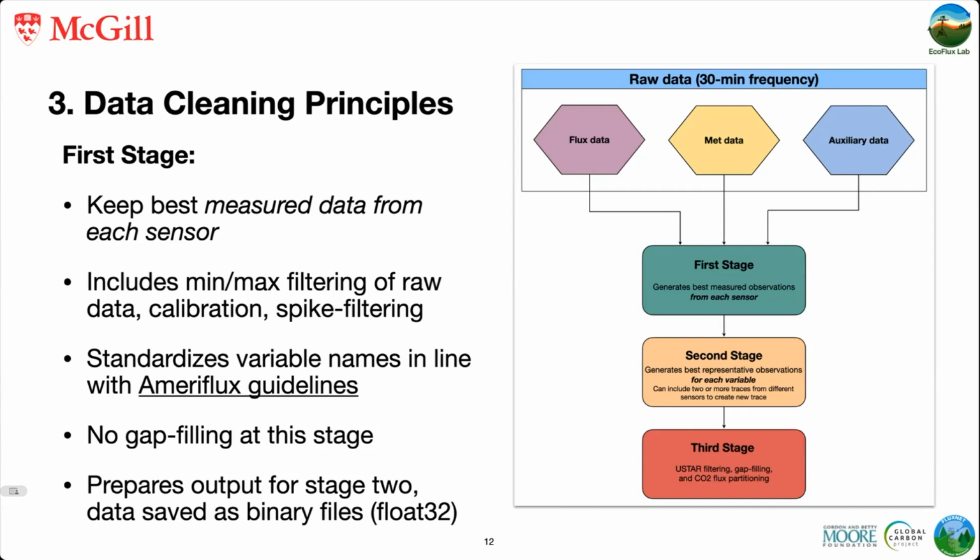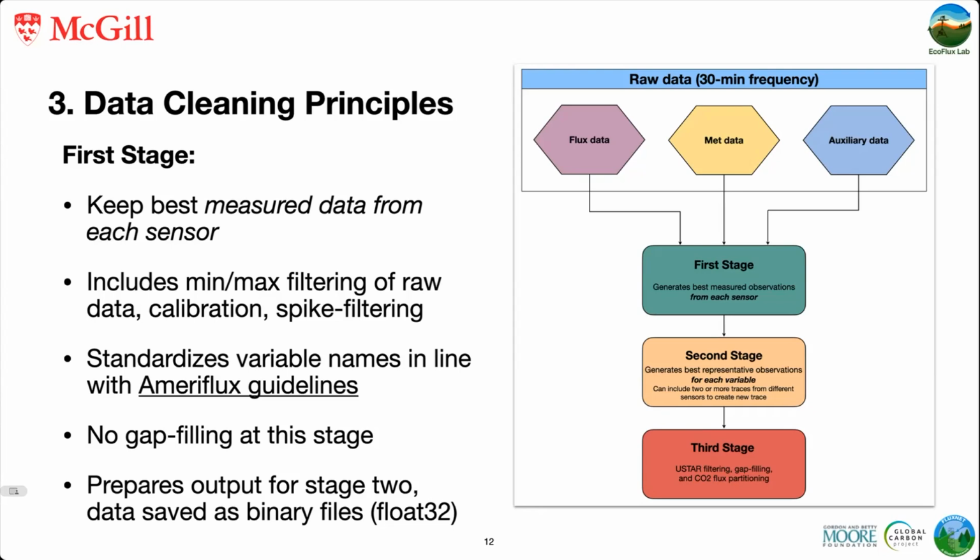And there's also some calibration and spike filtering that you can do in the first stage, although we won't be covering those in the tutorial. You could potentially ask about them afterwards. So the first stage also includes assigning consistent AmeriFlux variable names to standardize the data ready for the next cleaning stage.